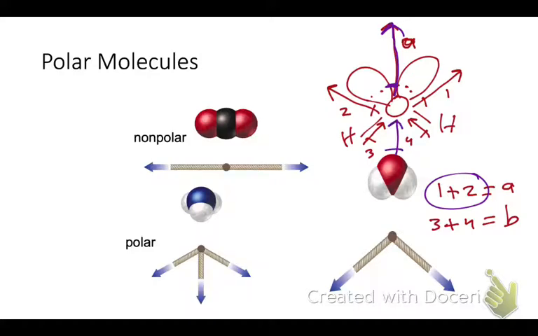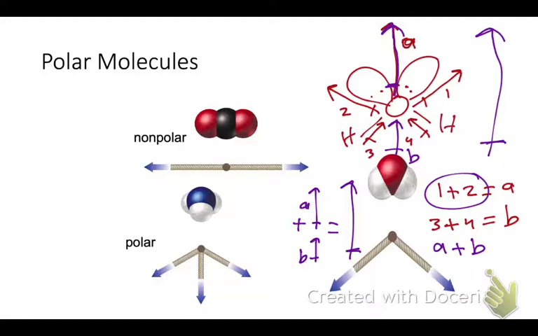So the total net dipole of the molecule is A plus B. And if I add B plus A, and both of them are heading north, that's going to give me this outcome. So the net dipole of water is this. It's a huge dipole heading towards the oxygen atom. So no doubt, not only is water polar, water is very, very polar.